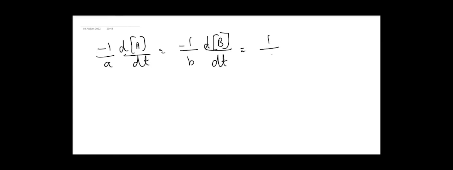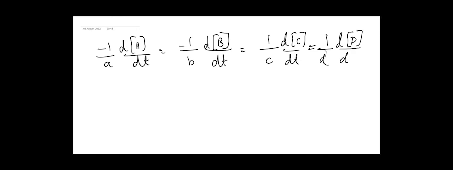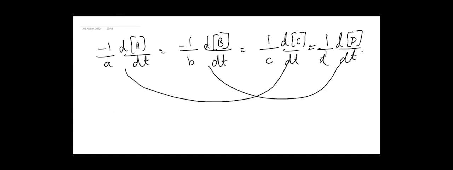Minus 1 by a dA by dt is equal to minus 1 by b dB by dt is equal to 1 by c dC by dt is equal to 1 by d dD by dt. So now here we can equate these terms alternatively.